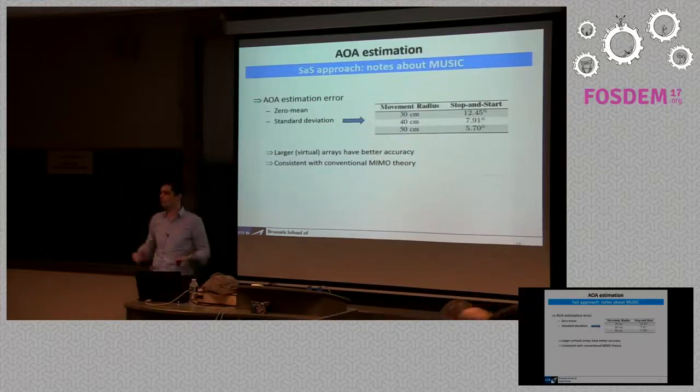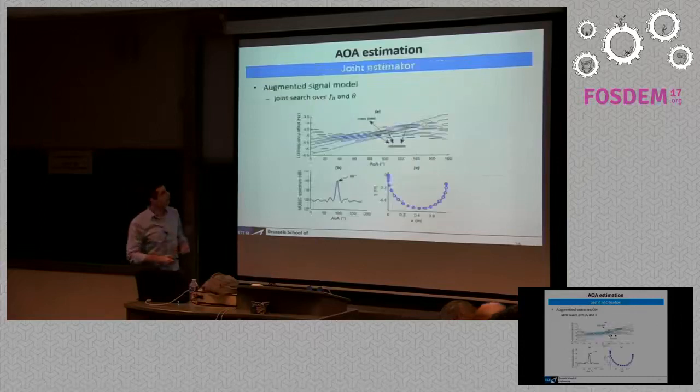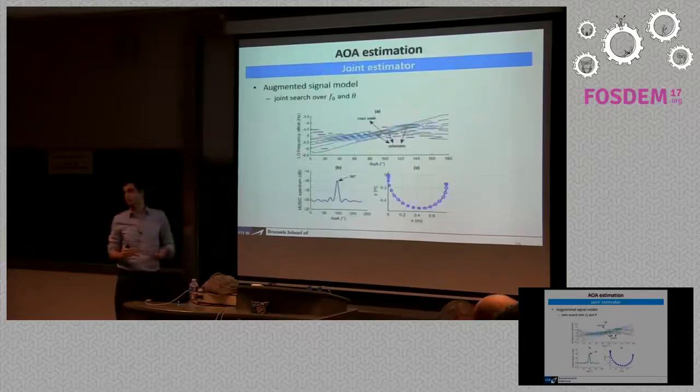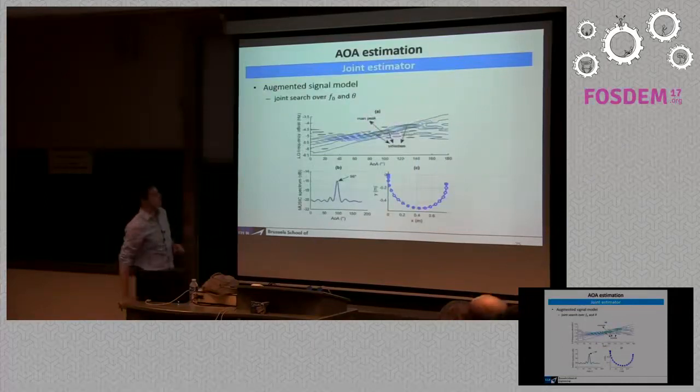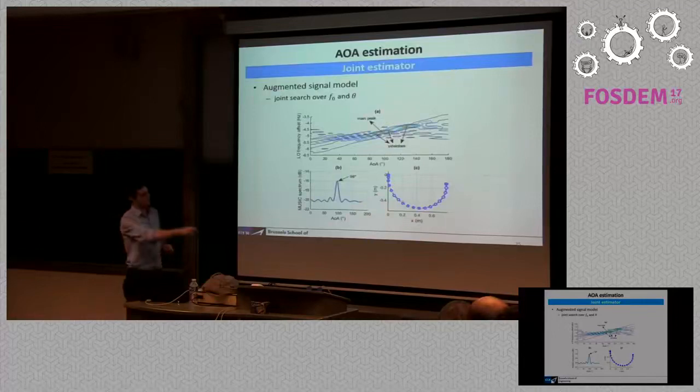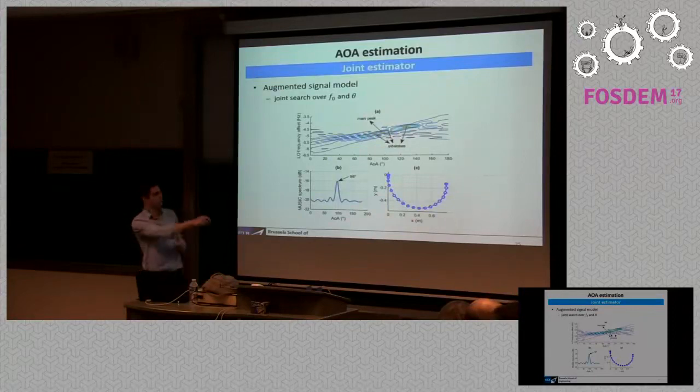I also told you about this joint beamforming, where we estimate the angle and the frequency offset jointly. So this is your MUSIC spectrum if you do the search over the 2 dimensions, all right? So this is frequency offset, and this is angle. And you can see that you have something that's fairly typical of this kind of MUSIC spectrum.